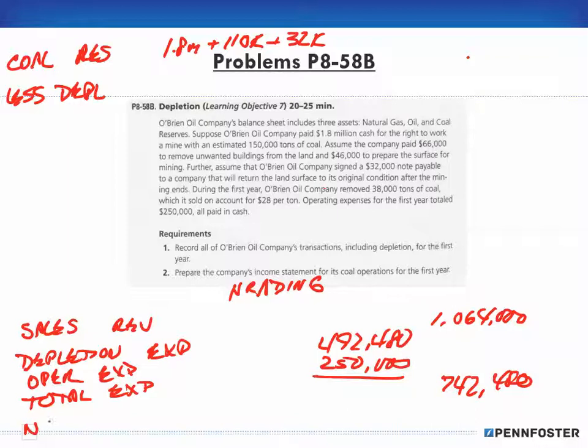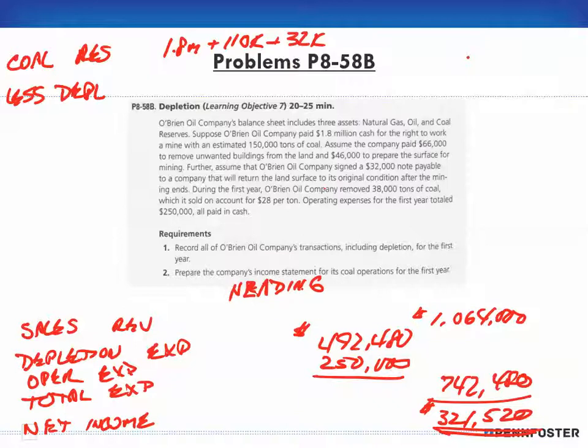And then that will give us a net income of $321,520. Put your dollar signs in the right place. Make sure you got your underlines and double underlines correct. And again, your heading, I'm not going to go over it again, but that's what your income statement should look like, or a facsimile of it.